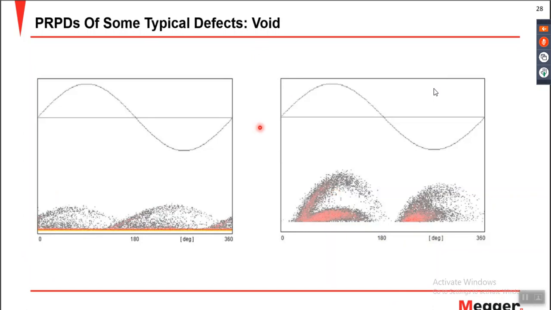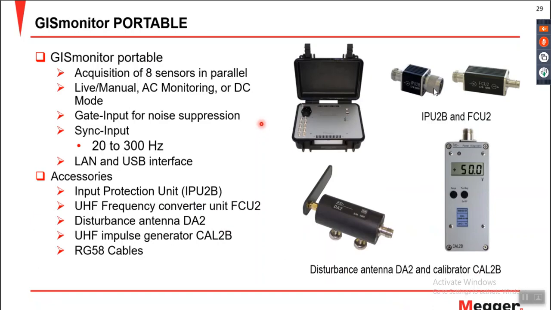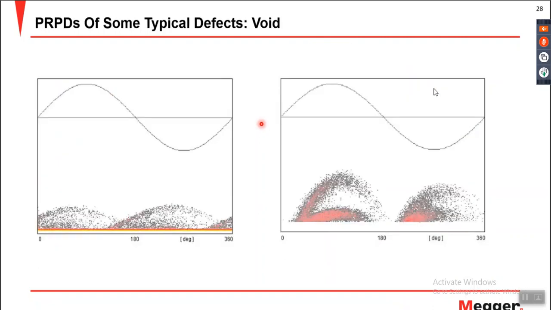Once you measure the partial discharge by any conventional or unconventional measurement, you need to identify the type of defect, which can be done with the help of these PRPD patterns. Once you encounter these patterns, you can identify which kind of source is generating the PD.